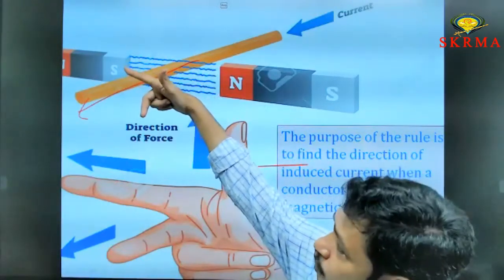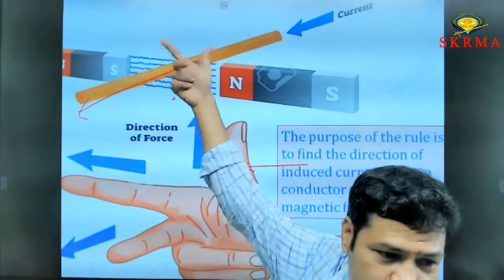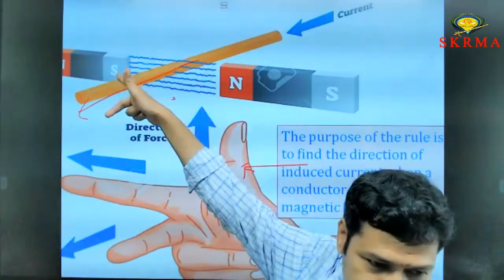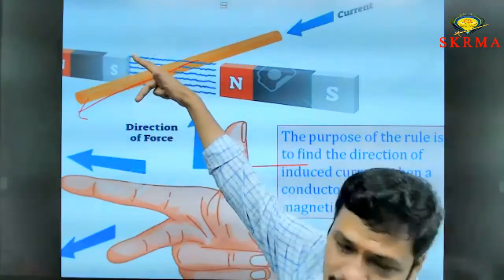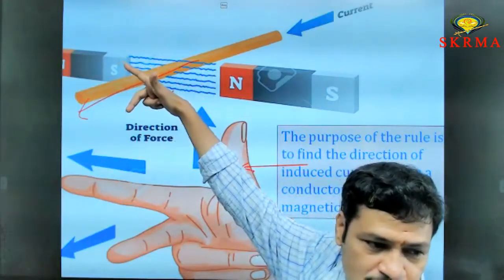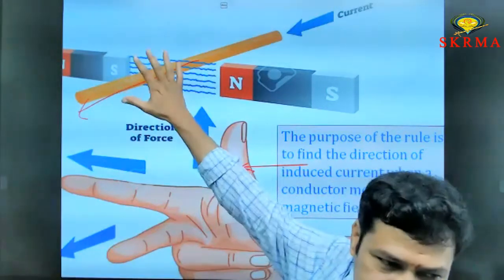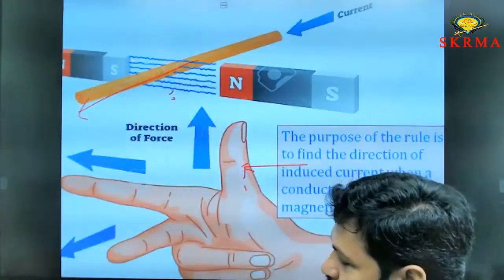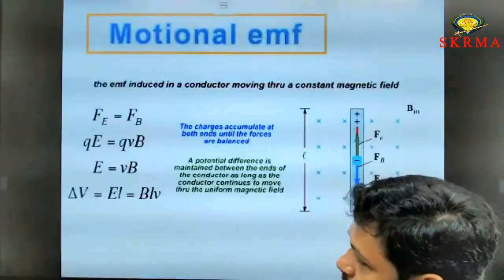The forefinger represents the field. The field is north to south. And the thumb represents the force. The force is upward for this leg. This is the right hand rule.